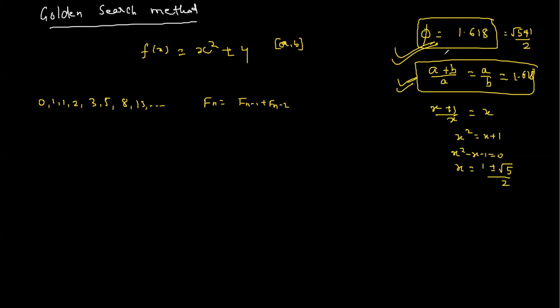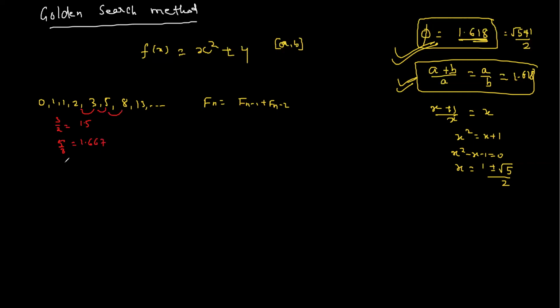Yes, you will take the positive value. Why are you taking the positive value? Why 1.618 matters? See, when you take 3 by 2, you will get what? 1.5. Do 5 by 3. What will you get? Check. 5 by 3 is what? 1.667.